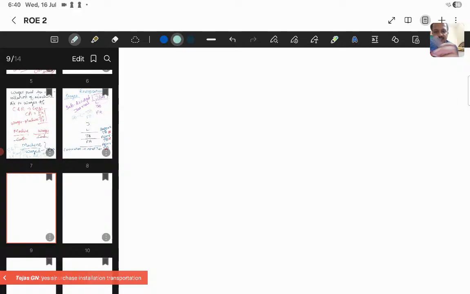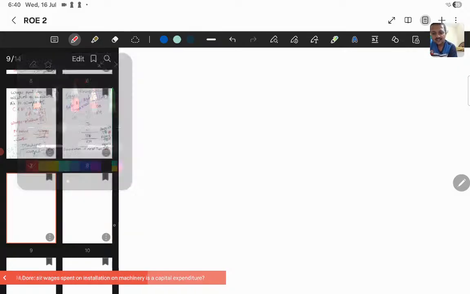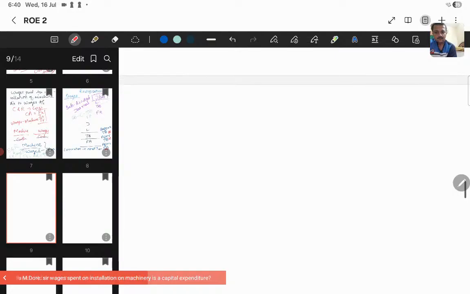Now, let me summarize this. Three stages of rectification. If you remember, before also I wrote like this. First one was before trial balance. Second one was after trial balance.